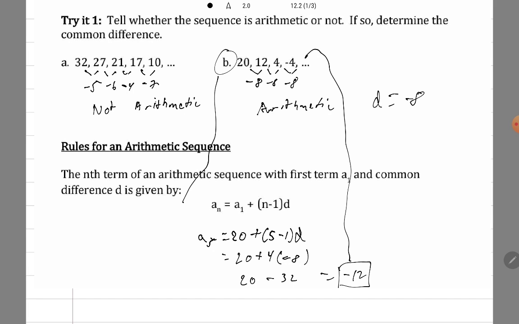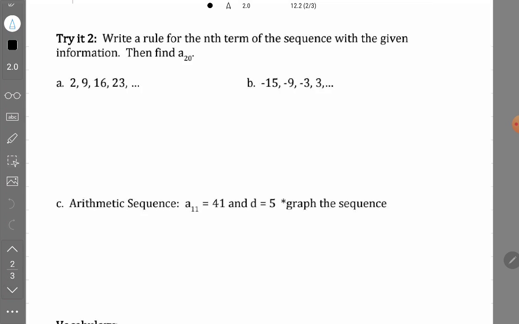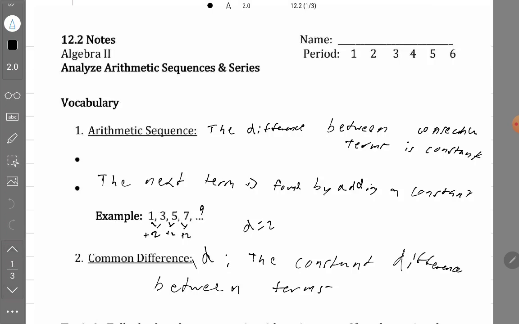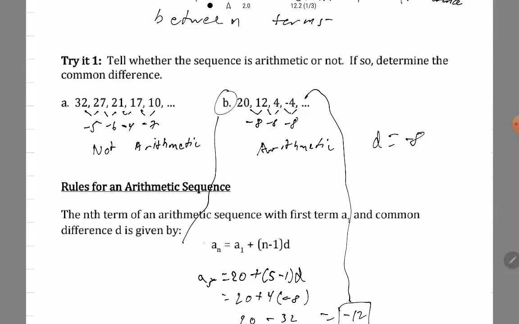Let's do another example, hopefully. I say hopefully because I'm not in control of these notes here. There we go. Write a rule for the nth term of the sequence with the given information. Then find a sub 20. This is something you should memorize, this formula here. This is for arithmetic.